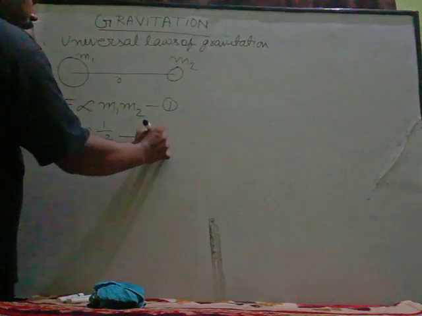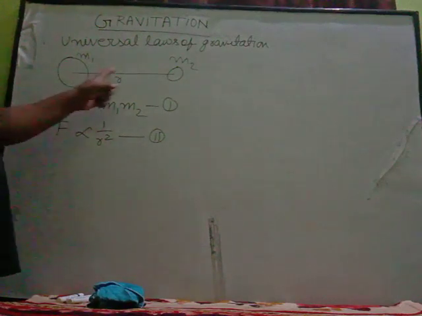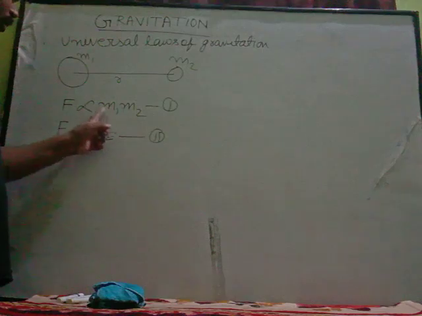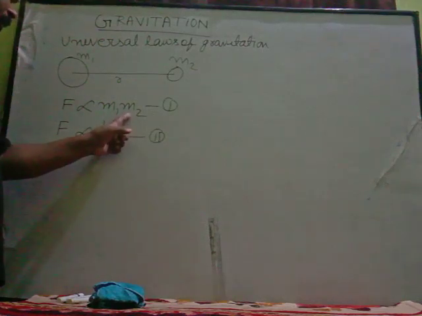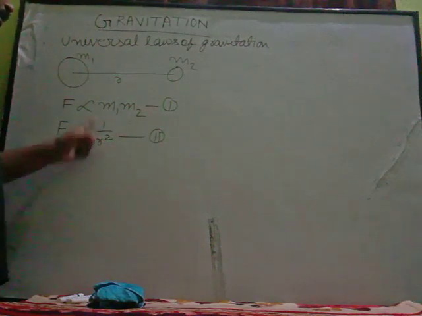First law tells that, what does the first law say? Force exerted in between these two objects will be directly proportional to the product of its masses, and inversely proportional to the square of the distance between them.